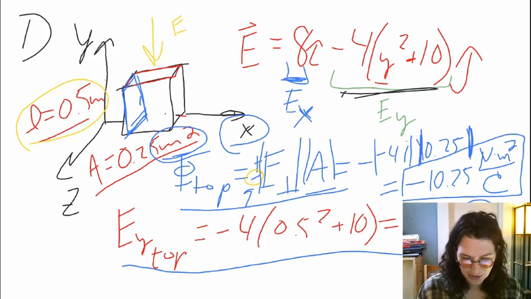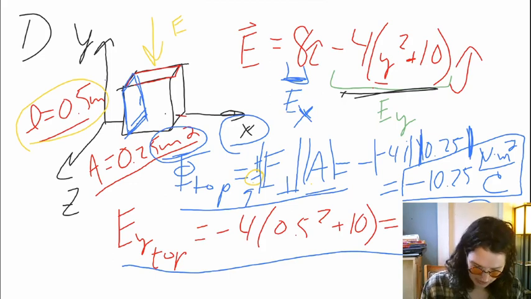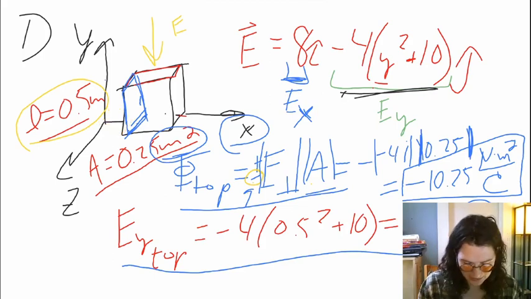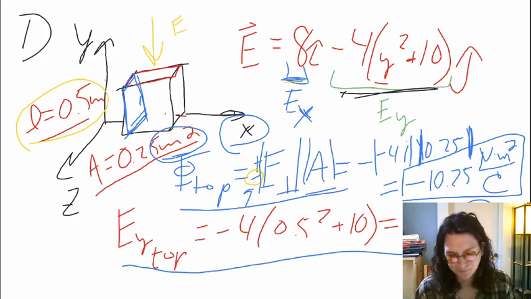And then as far as the sign convention goes, since this 8 is positive, that means that the electric field will be going to the right at the location of the left face. And since it's going to the right, that means it is entering the cube through the left face, which will give me a negative flux. So that will be your sign convention, and then you'll just have 8 times the area.